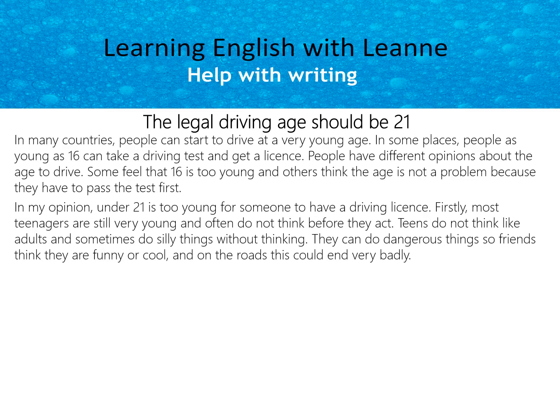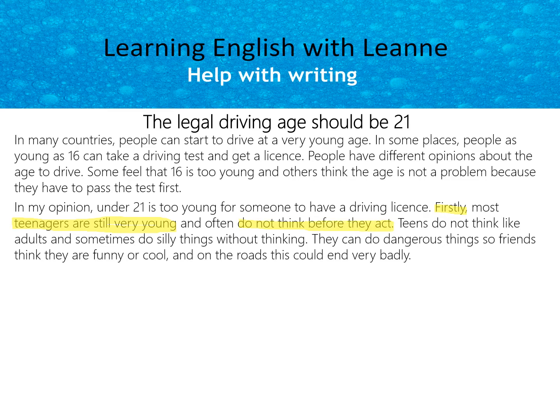This is where we start with our opinion and we give our first reason why we think this. So you can see here, firstly, and we say my reason number 1, they are still very young and do not think before they act.